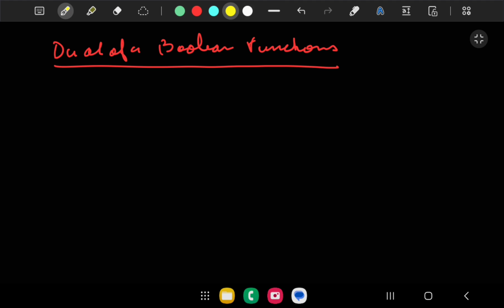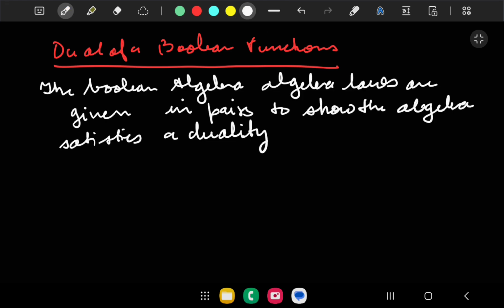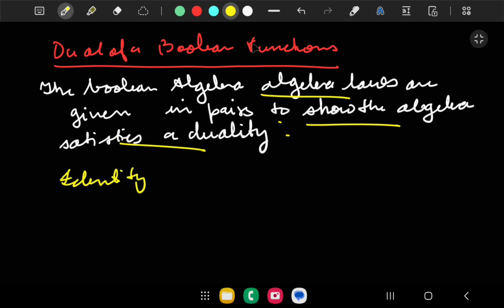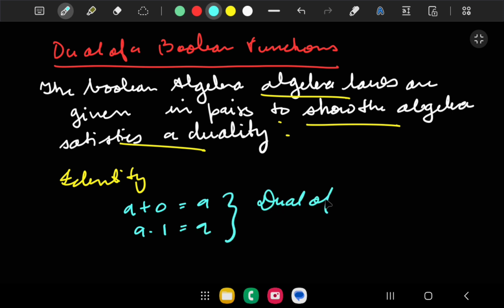What I'm trying to say is that the Boolean algebra laws are given in pairs to show the algebra satisfies a duality. Whenever you study the identity law, for example, you have seen A plus 0 equals A, A dot 1 equals A. So they are dual of each other.